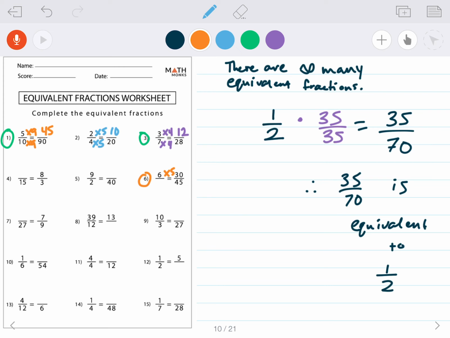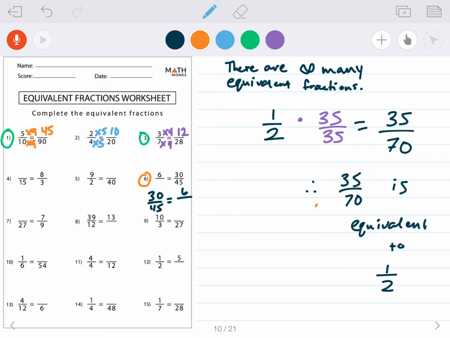But since we're going from left to right, maybe we should write it like this. We should say 30/45 is equal to 6 over something, right? Same thing. I just rewrote it.